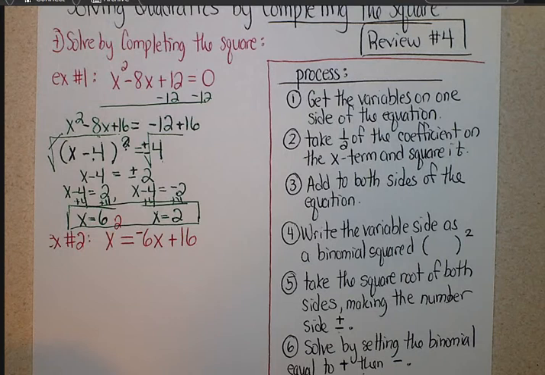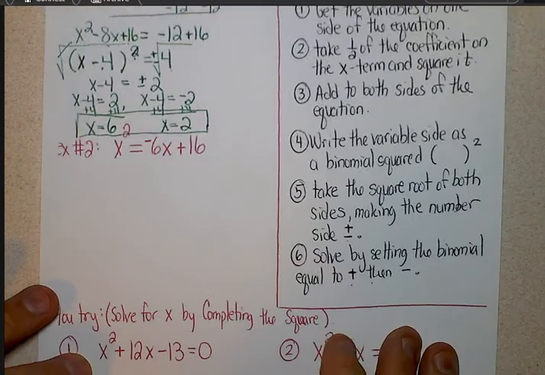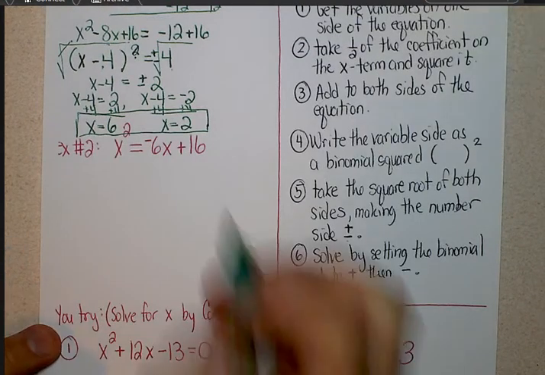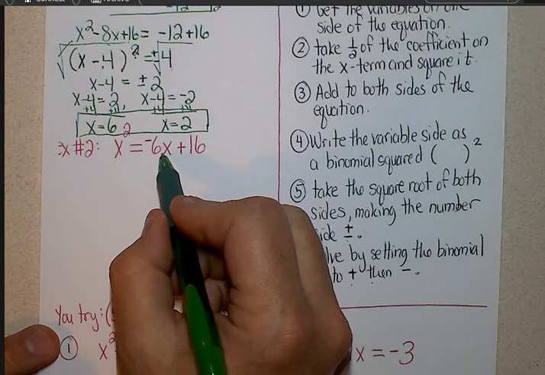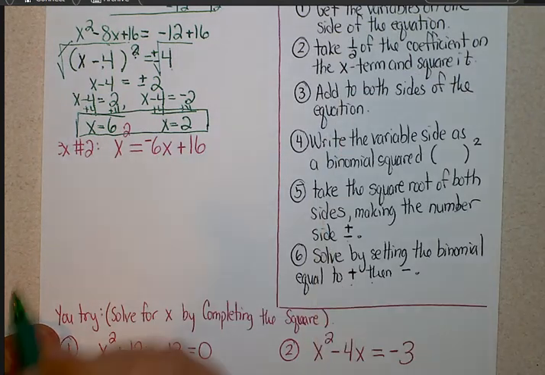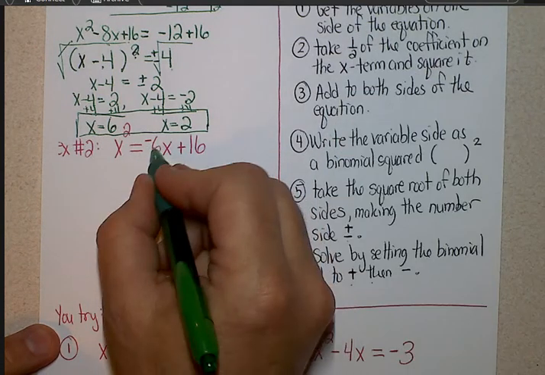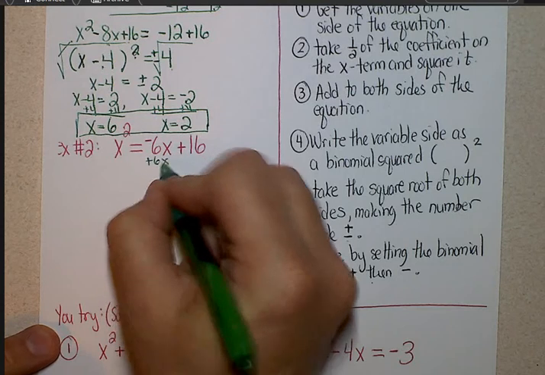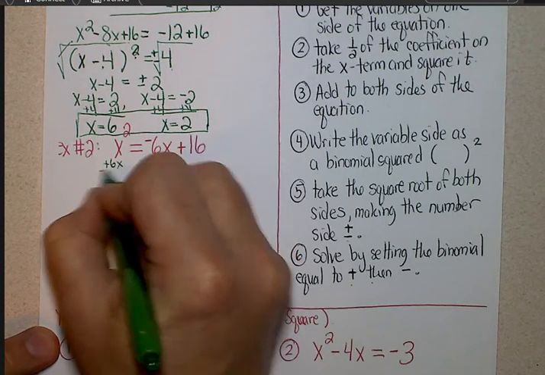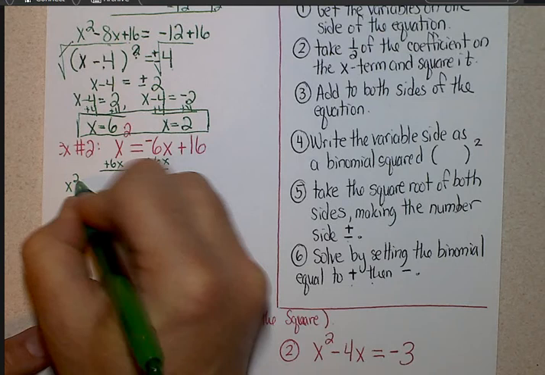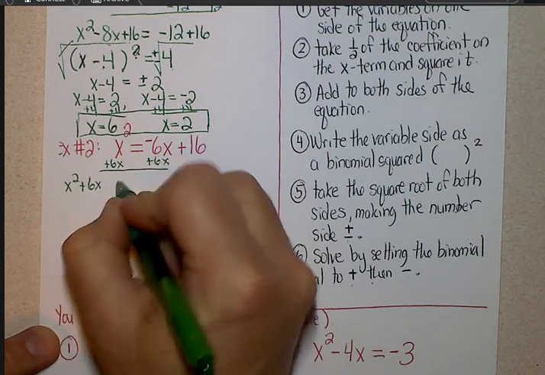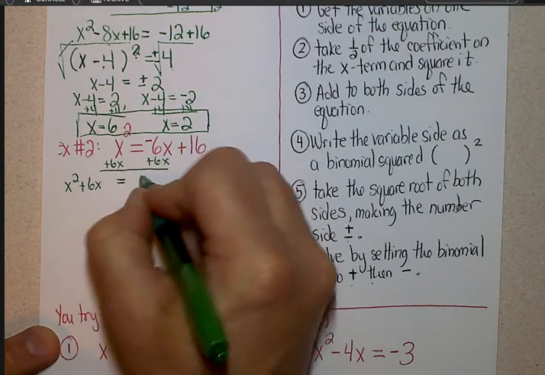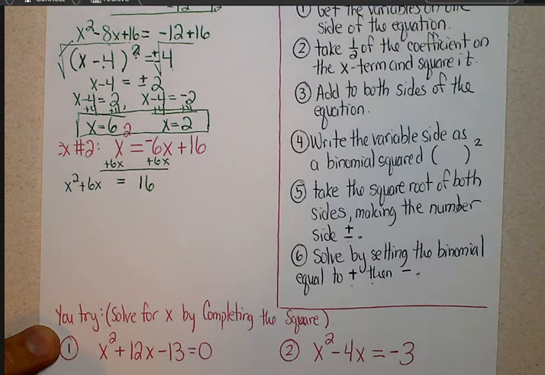All right. Following the same steps for example number 2, I want to get the variables on one side of the equation. So I'm going to move the negative 6x over to the x squared term. So I have x squared plus 6x, leave a little bit of space, is equal to a positive 16. All right.